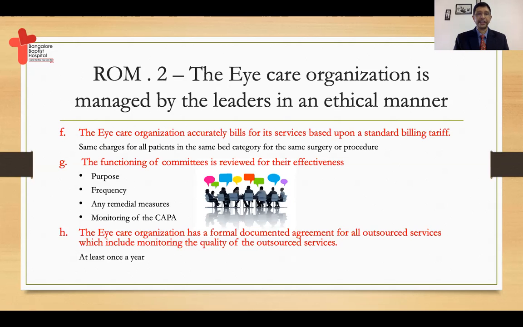ROM 2H. The eye care organization has a formal documented agreement for all its outsourced activities, which include monitoring the quality of the outsourced services. This must be done at least once a year.